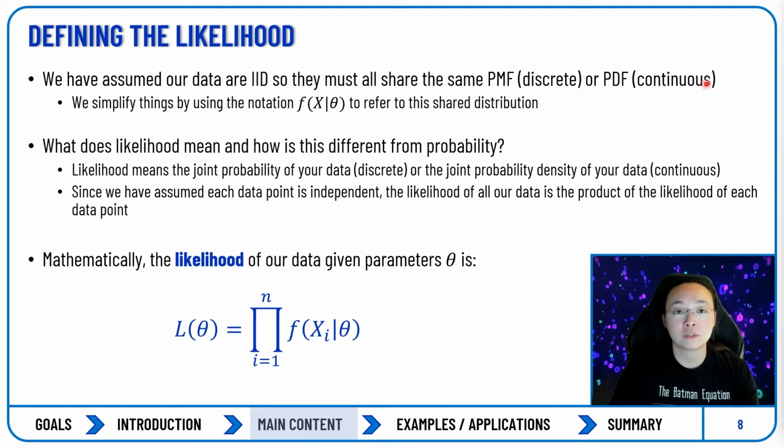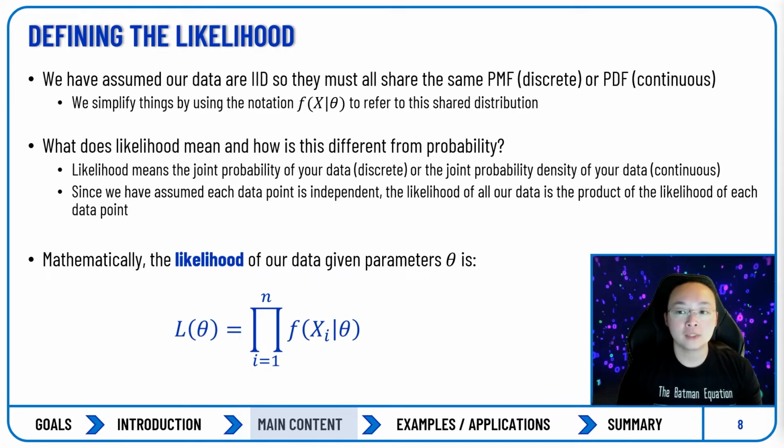If you have a continuous function, then you're looking at a probability density function. So you can only pick one of these, not both. Based off of your choice, you can then simplify things by using this notation, the function of x given your parameters theta. This means you have a shared distribution amongst all of your x values.